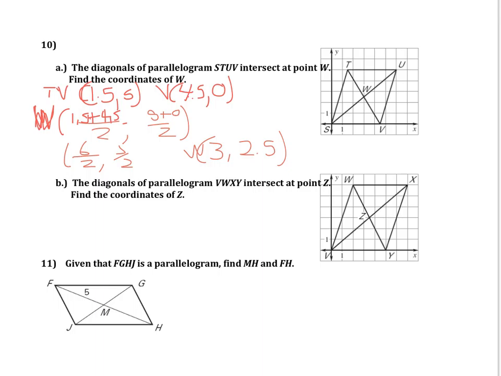And I could do the same thing for S and U. This one's a little bit easier. S is 0, 0. The midpoint of SU, and U is 6, 5. It also comes out to be 3 and 2.5.